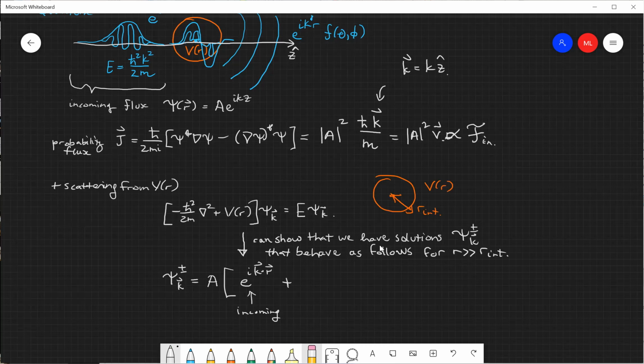Then there will be some angular function, which might depend on the k vector we're putting in, and it'll depend on the angle at which we're looking out at this function. And then we will have both incoming and outgoing spherical waves.